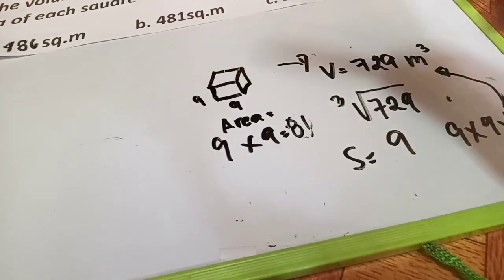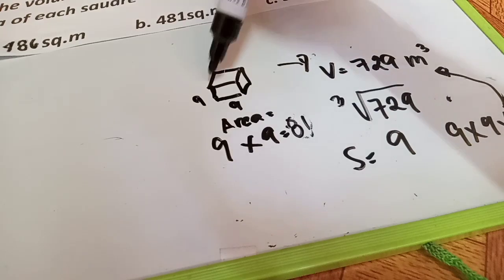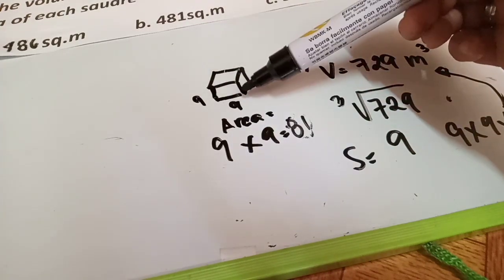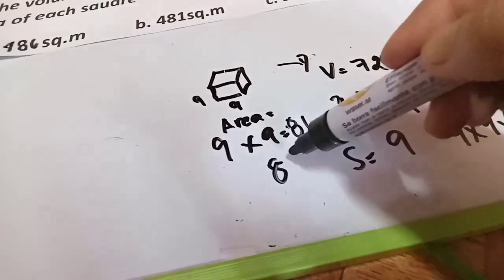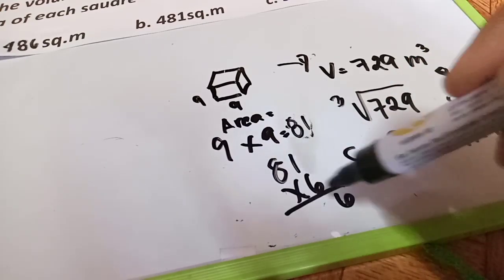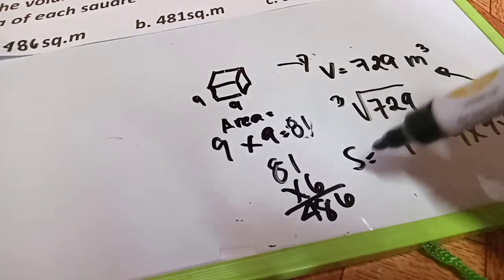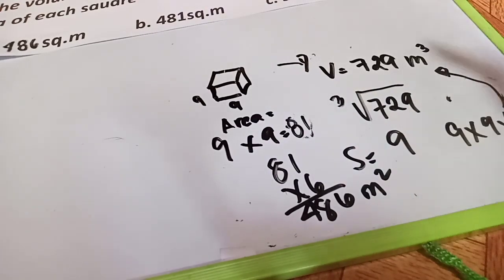81. So, 1, 2, at the back. So, how many faces? 1, 2, 3, 4, 5, 6. So, 81 times 6. In 6 faces. 8 times 6 is 48. And automatically, 486 meters squared.